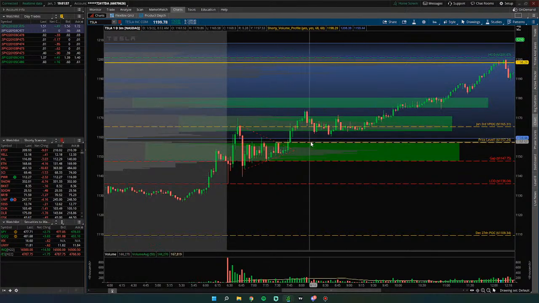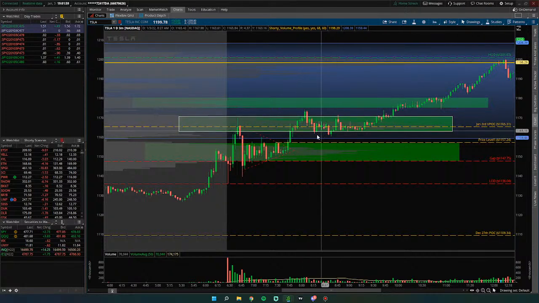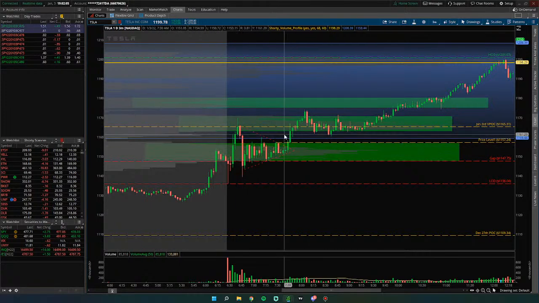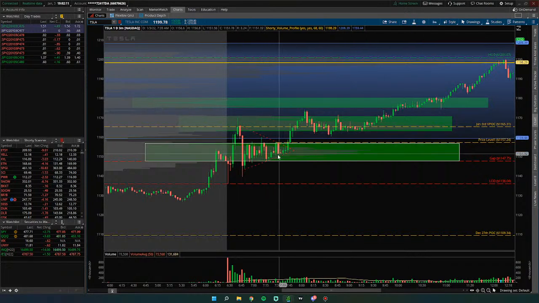I'm looking for my POCs. So if I'm looking to take this trade here, I'm looking for a break to the upside or the downside. My safe entry is going to be the last touch of the triangle here.